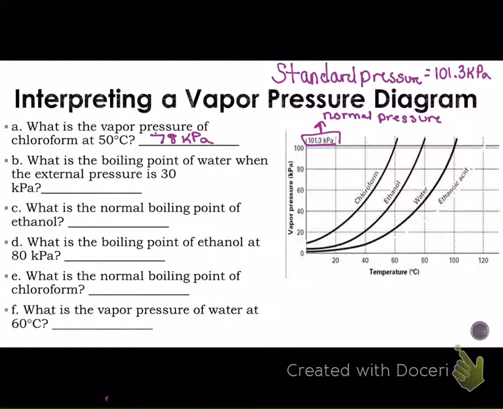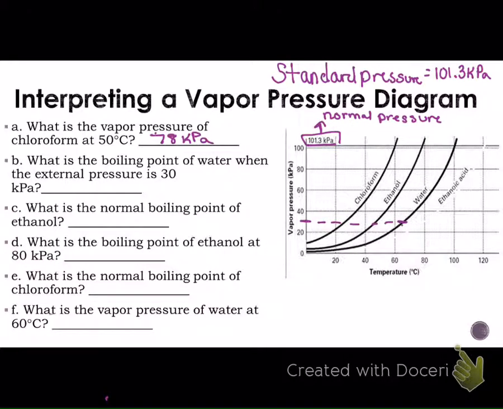B asks what's the boiling point of water? That means I'm looking for a temperature for water when the pressure is 30. So I'm just going in reverse. The previous problem wanted pressure, this one's wanting a temperature. When is it going to boil? If I look at 30, that's approximately halfway between 20 and 40. I'm talking about water, so I'm going to extrapolate my line over to where it intersects with water.